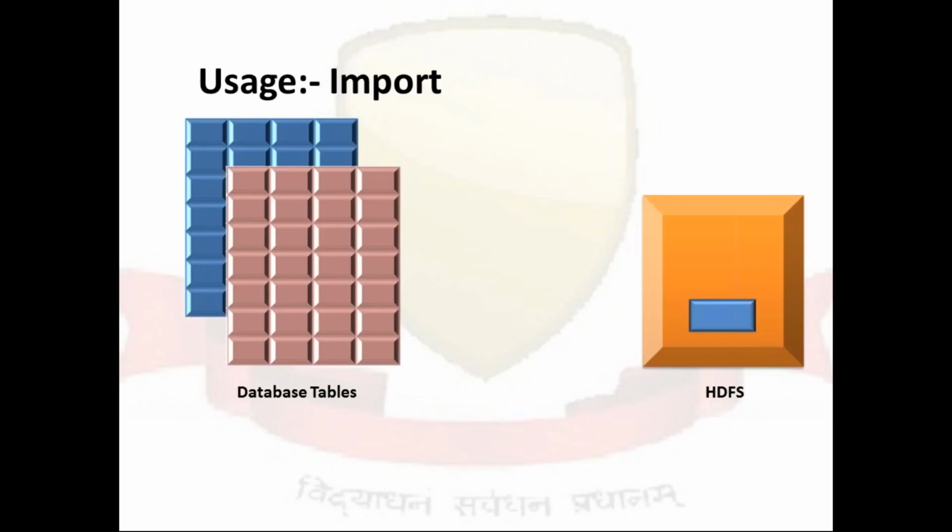Moving forward, it's about the usage of Sqoop for importing data. With Sqoop, you can import data from a relational database system into HDFS. The input to the import process is the database table, and Sqoop will read the table row by row into HDFS.